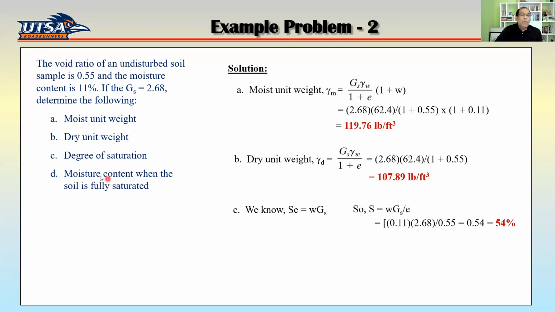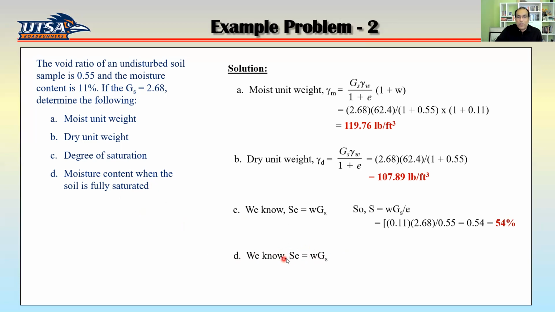Okay. Moisture content when the soil is fully saturated. Here you can just use this equation again. When your soil is completely saturated, S has to be 1, right? Fully saturated means 1. So in that situation, what would be your w, the water content, the moisture content?